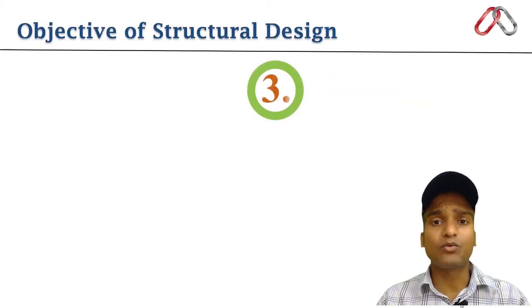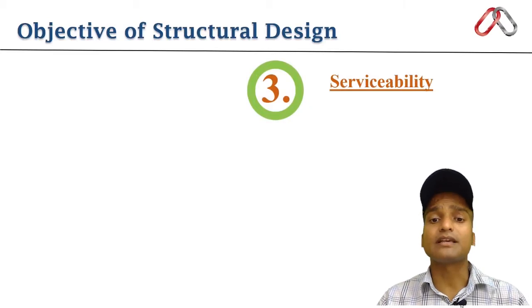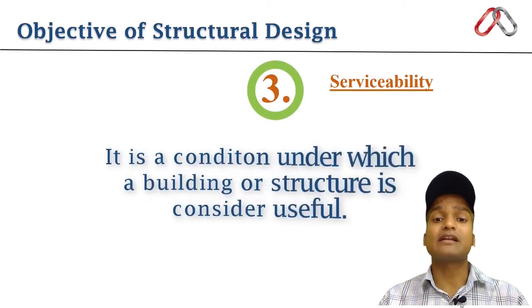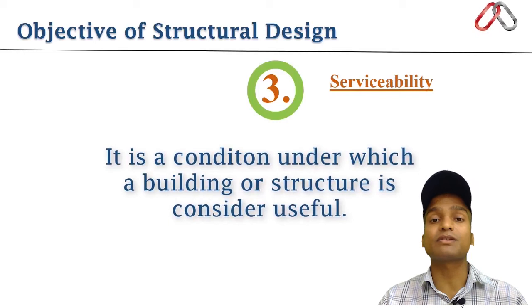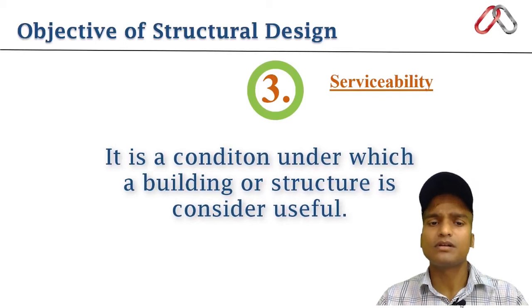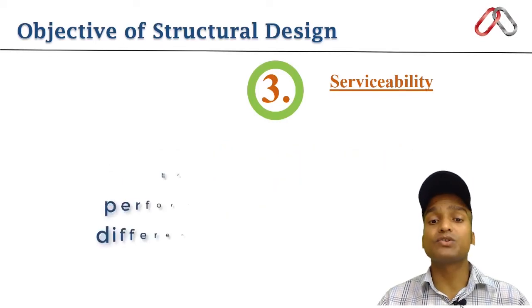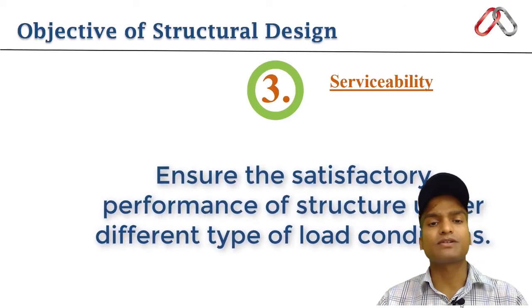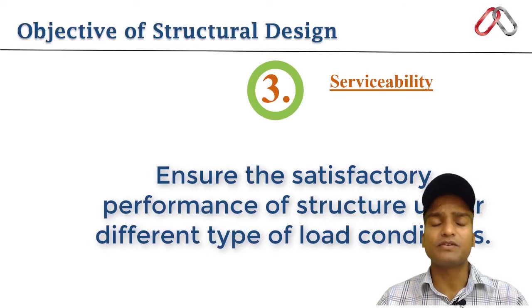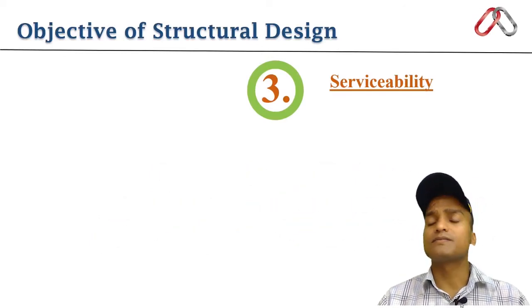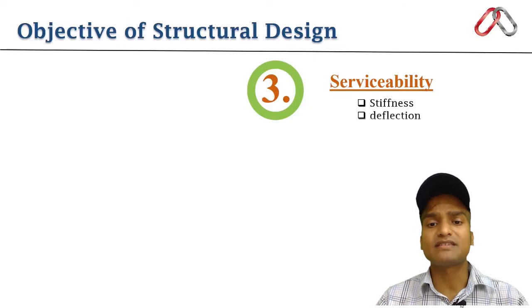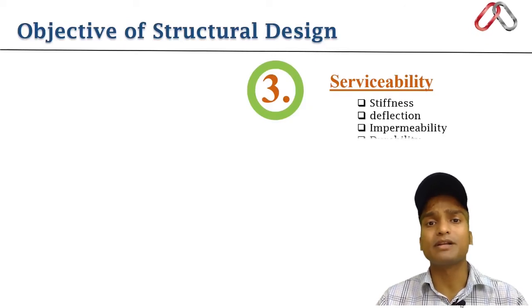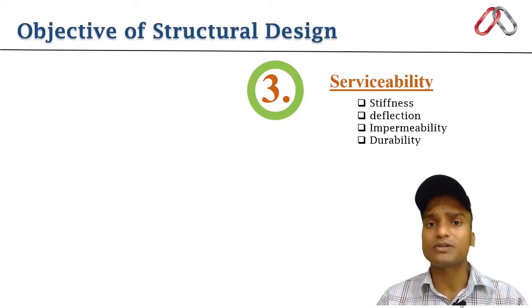The third requirement of any building is serviceability, a condition under which a building or structure is considered useful, and which also ensures the satisfactory performance of a structure under different types of load combinations. Serviceability deals with different factors, for example stiffness, deflection, impermeability, and durability of the structure.